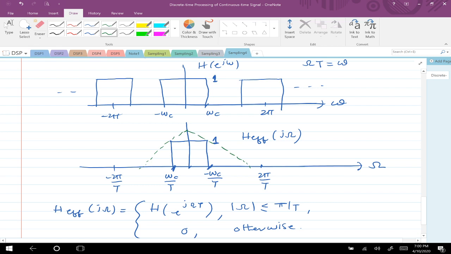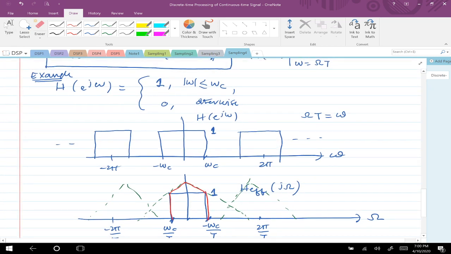Even when you are placing copies of it here with aliasing, this low pass filter will make sure that it gives me something like this, right? So still it acts overall perfectly fine as if it is an LTI system.